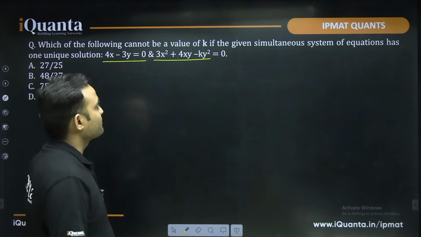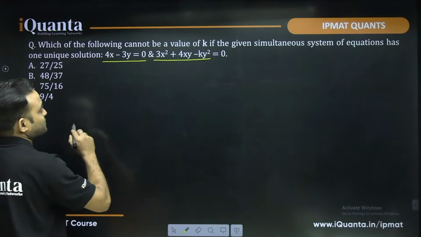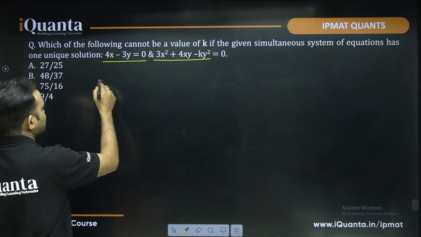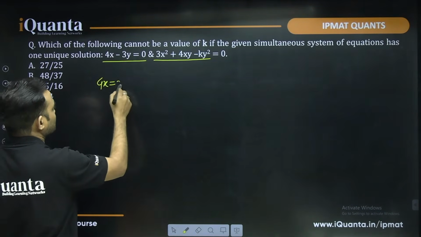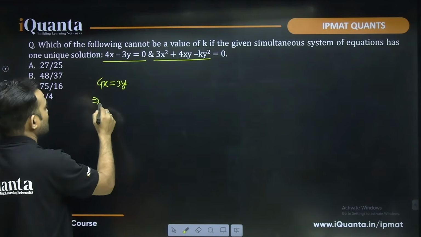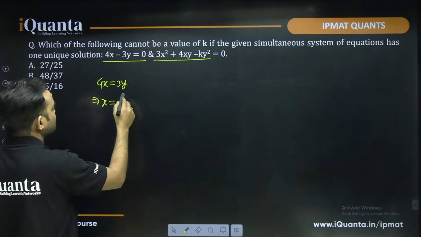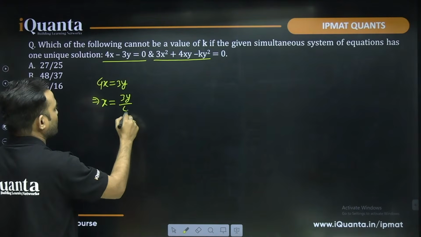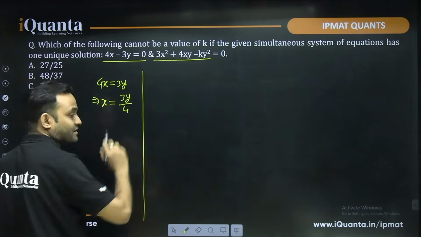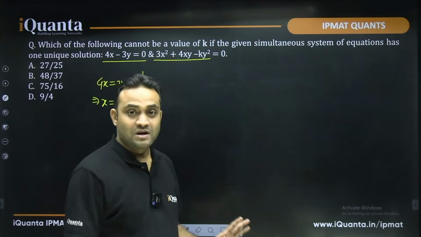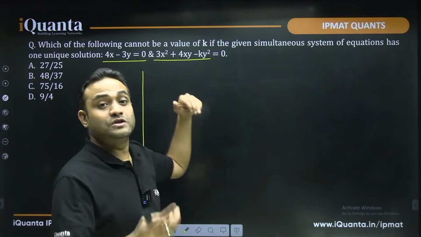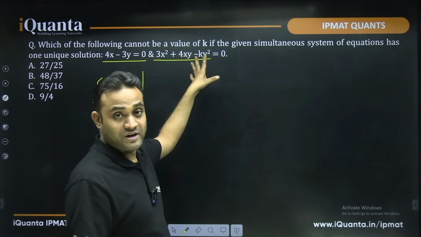But if we check what is x from here, so we can say 4x is equal to 3y, or x is equal to 3y upon 4. Now if I put this here, what will happen? So all the values of x with respect to y we are putting here, right?